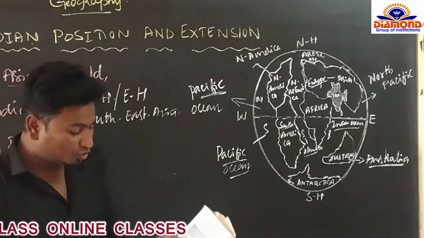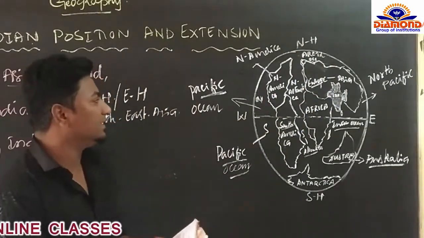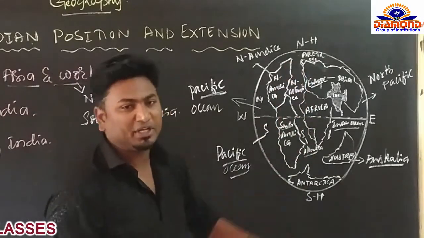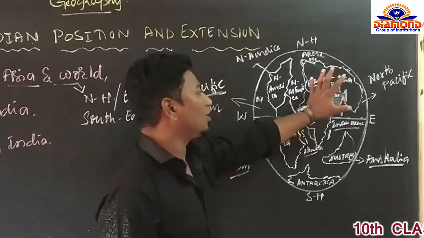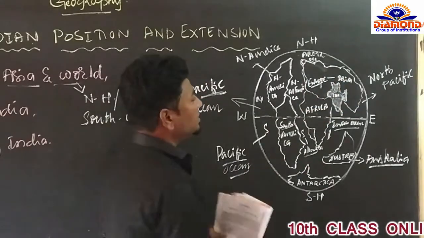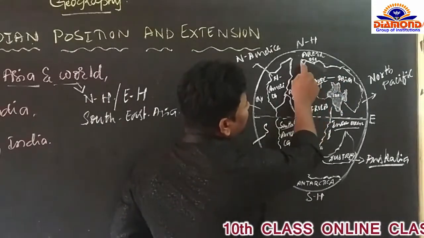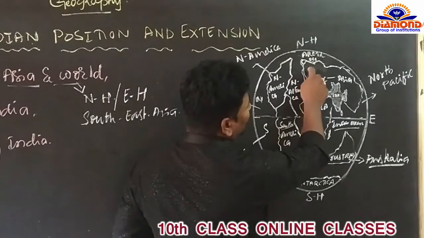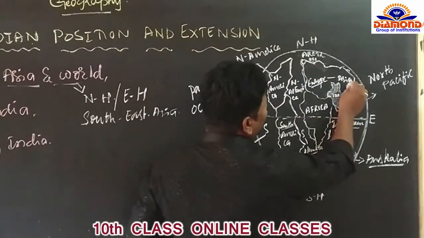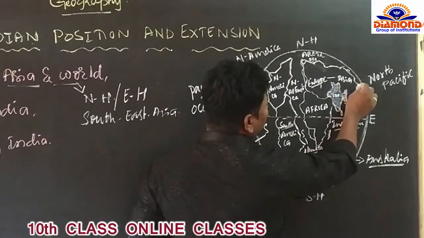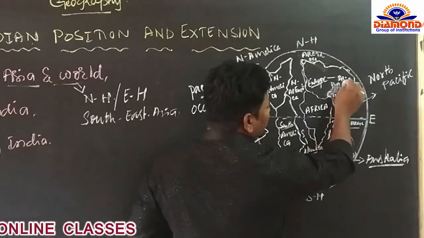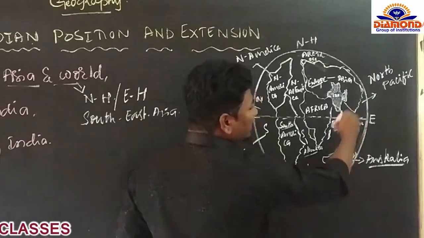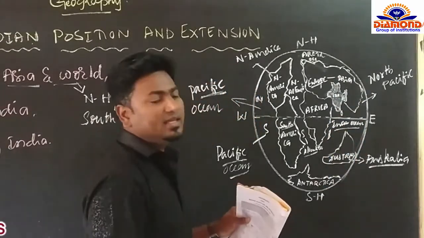You can also go through your book to understand this picture or map. Europe is on the northern side, while the Asia continent comes in the northeastern side. Then in Asia, India is at the end.